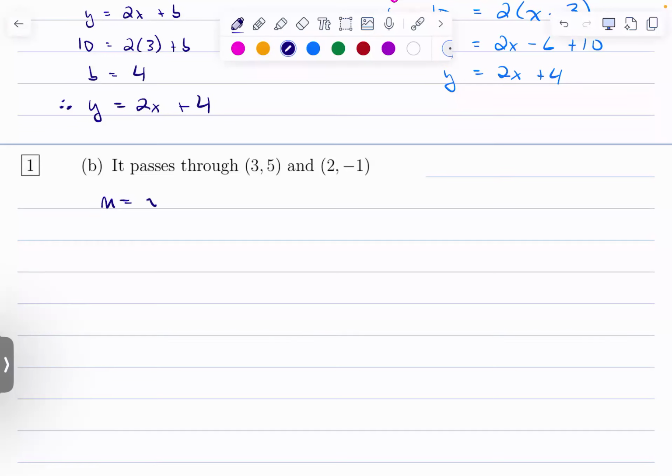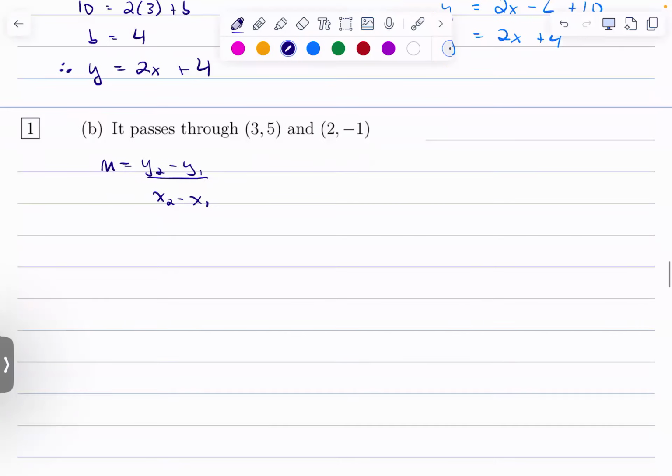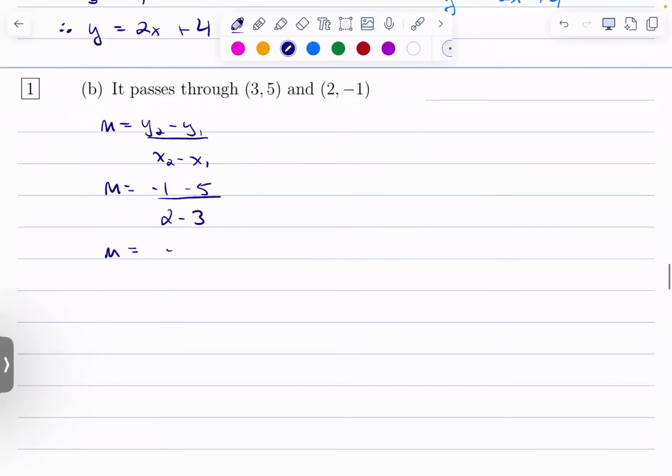M is y2 minus y1 over x2 minus x1. We'll start there. You always need to start by finding your slope. So we have -1 minus 5 over 2 minus 3. -6 over -1.